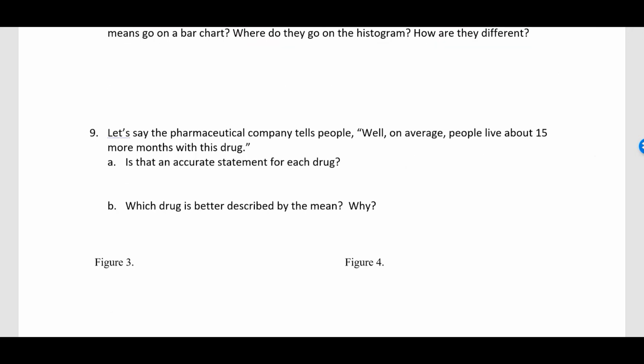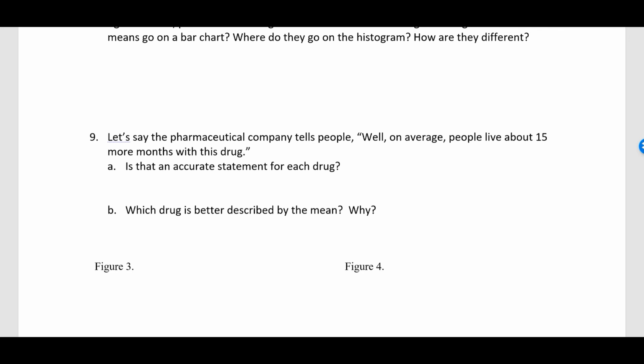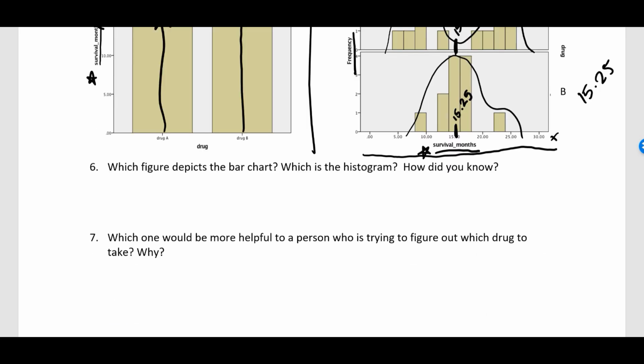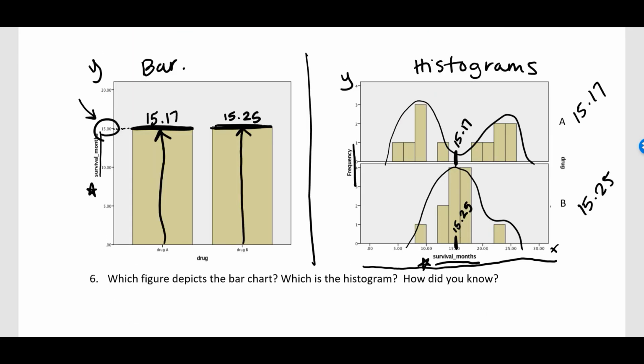Now, number 9, let's say the pharmaceutical company tells people, well, on average, people live about 15 more months with this drug. Is that true? Is that an accurate statement for each of those drugs? Well, I mean, yeah. On average, people live about 15 more months on drug A. That's true.